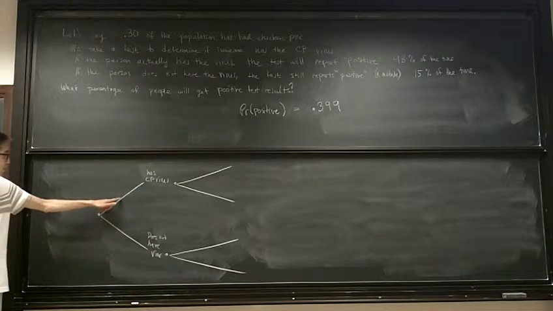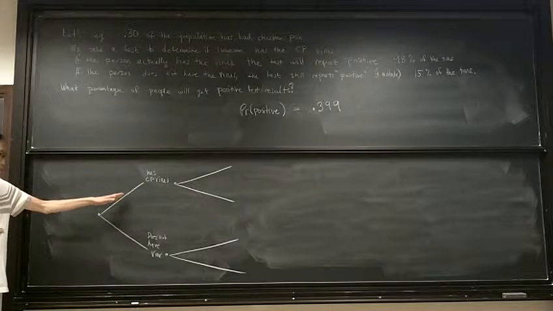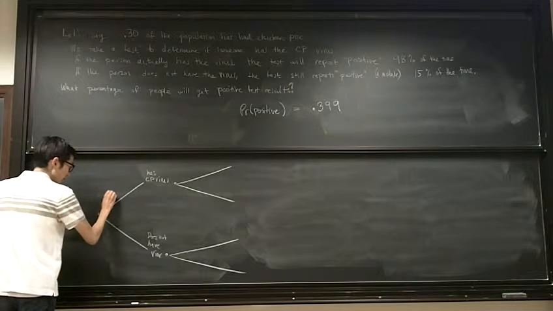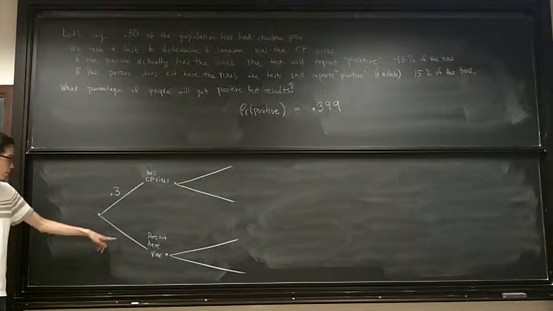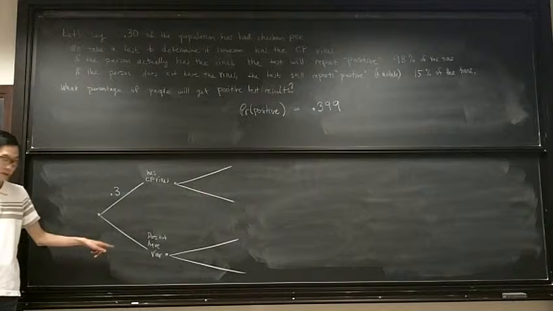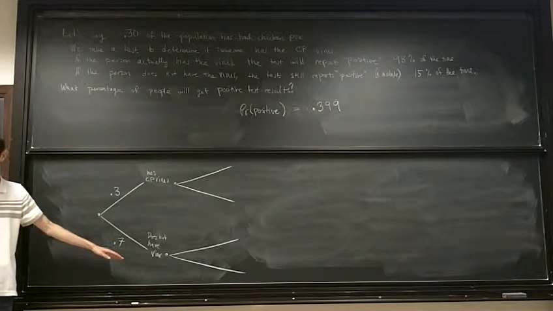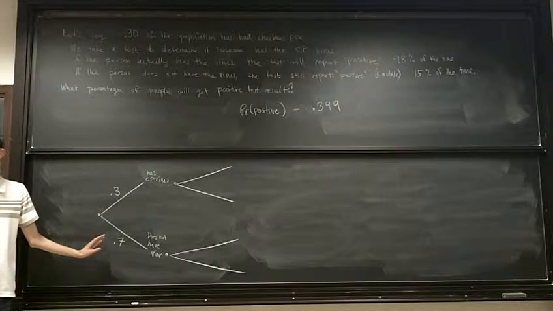So what's the probability that we select someone and this person has the chickenpox virus? 0.3. Okay, so what number goes down here? 0.7, because these two things have to add up to 1. Any question there so far?